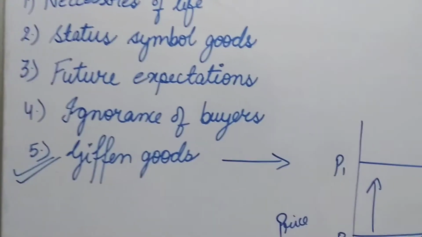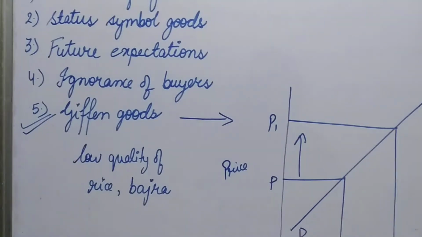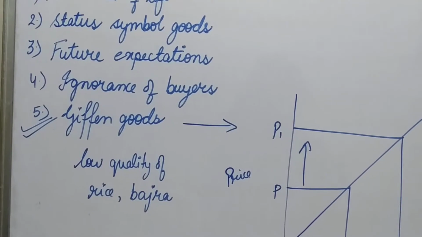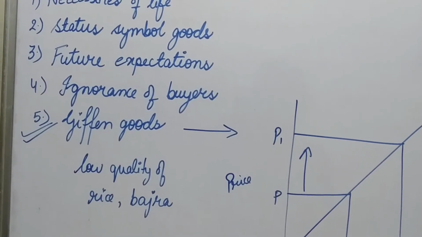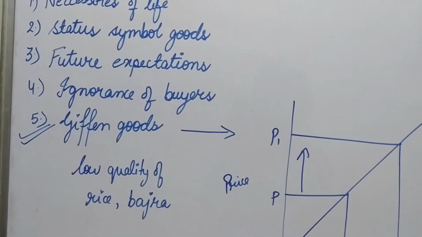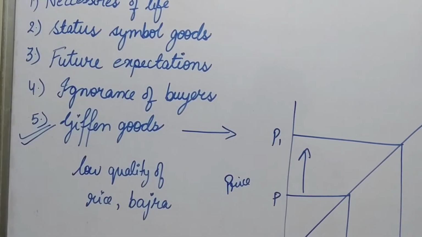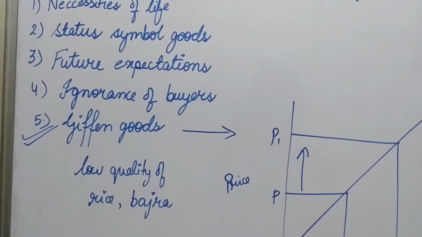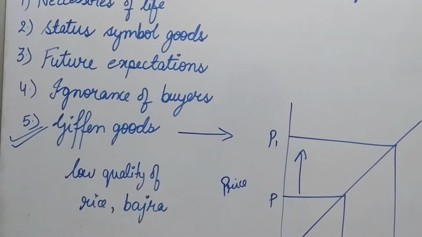And the last and the most important, Giffen goods. Don't get confused between Giffen goods and inferior goods. Giffen goods are those inferior goods on which the consumer spends a large part of his income, and the demand for which falls with the fall in their prices.